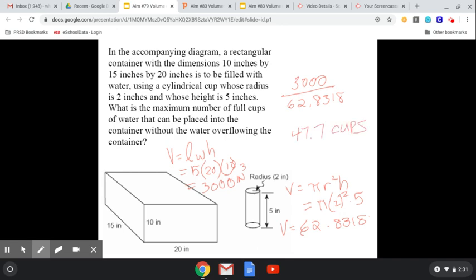But if I read the question carefully, what's the maximum number of full cups that can be placed in without the water overflowing? So if I was to round that up to 48 cups, well, you know what would happen? The water would overflow. So it's not 48, it's actually going to be 47. If I put in 47 cups, it will not overflow. So 47 cups it is.